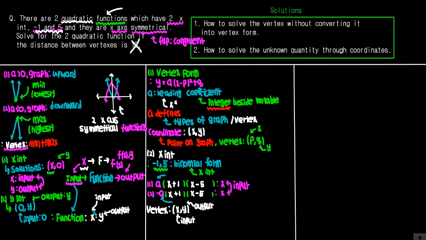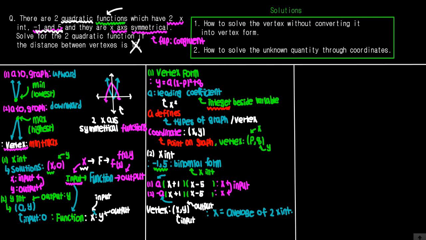And so our property is that our x value, the x coordinate of our vertex, is the mean, or we can say the average, of the two x-intercepts in our function. That's what our x value is going to be. Now let's actually solve for this.